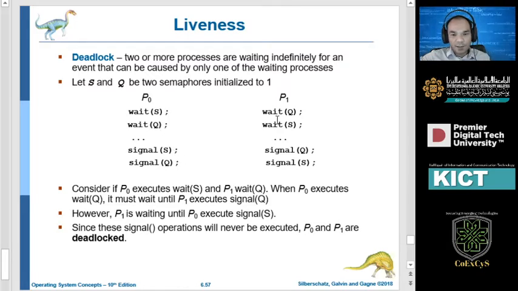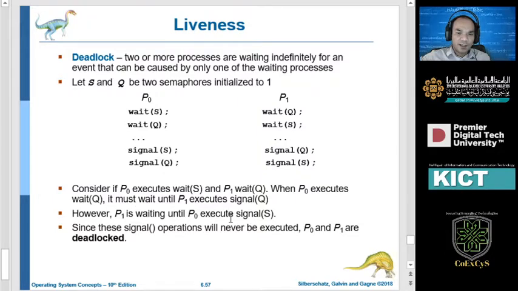They'll never get out of the wait, because, for example, P0 is waiting at wait(S), waiting for a signal, and that signal is signal(S). But P1 is waiting for Q, and P0 needs to signal Q. On the other hand, P0 cannot signal Q because it will not receive the signal S, which is coming from P1.